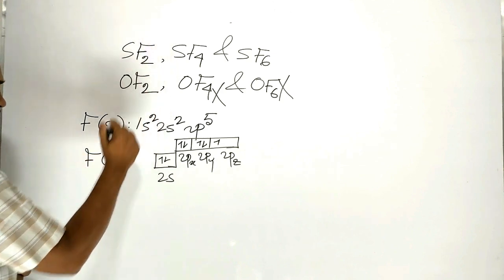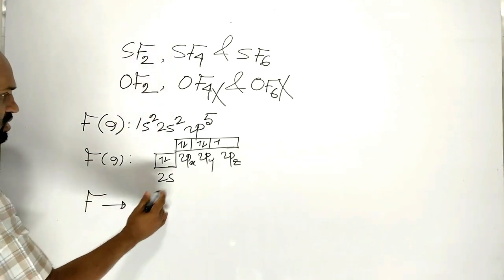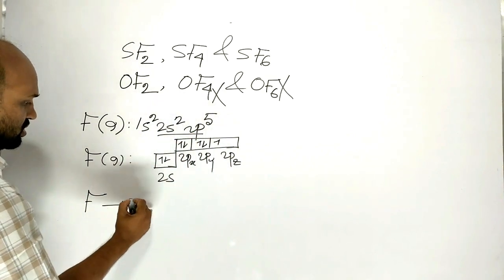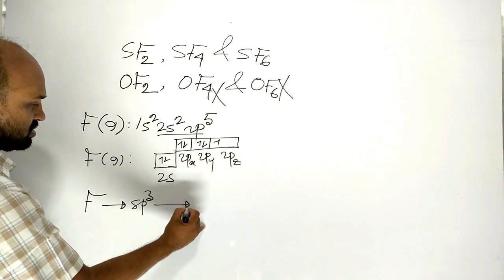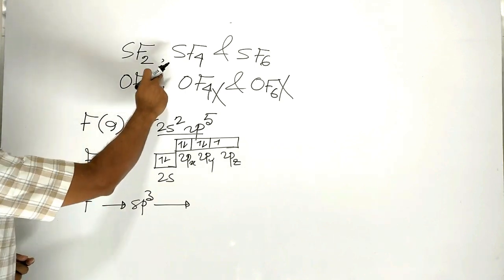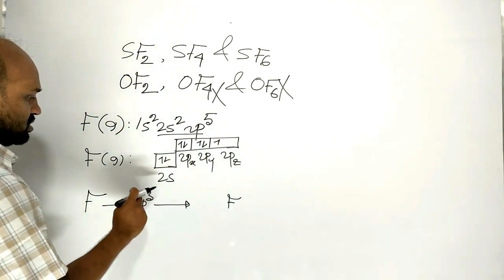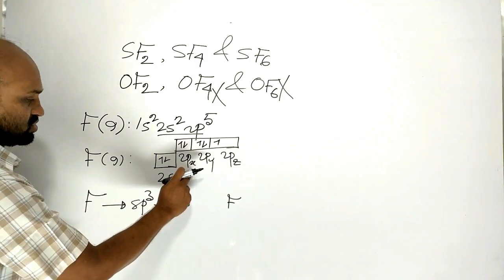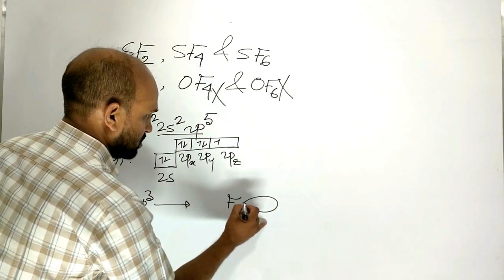In these compounds, fluorine undergoes sp3 hybridization in the outermost shell. That is sp3 hybridization. The orbital structure of fluorine in this compound: 4 orbitals take part in hybridization, so 4 new hybrid orbitals are formed.